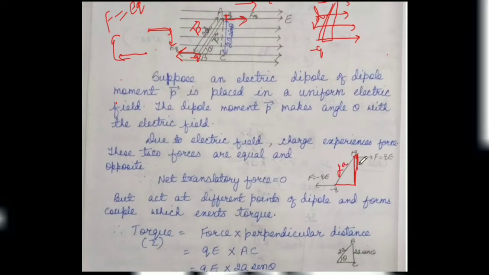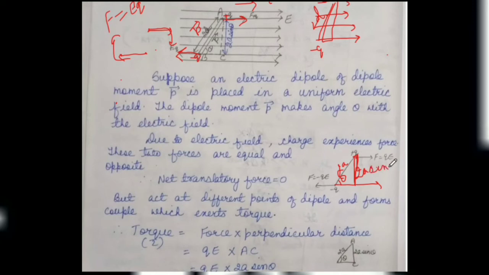And it makes angle theta with the field direction. This is angle theta. This is the direction of field, right? Here also theta is there. So the value of this perpendicular distance: this is 2a, so perpendicular by hypotenuse is sine theta. So this becomes 2a sine theta, right?